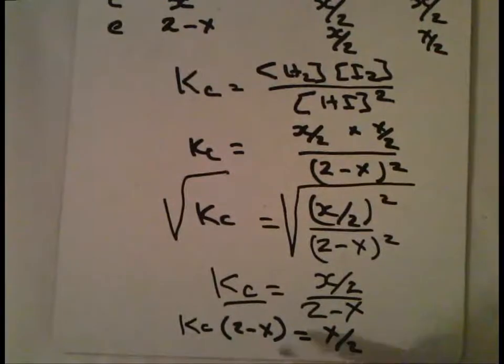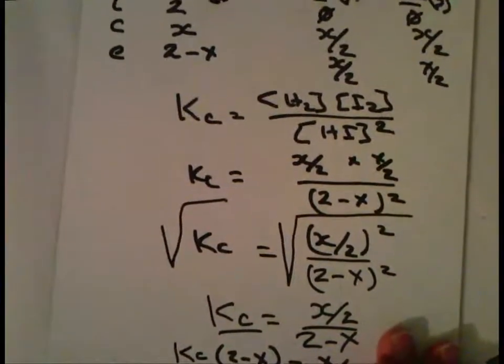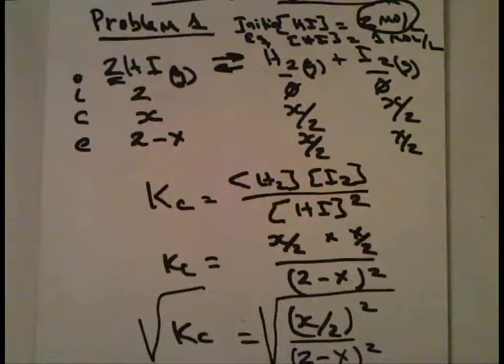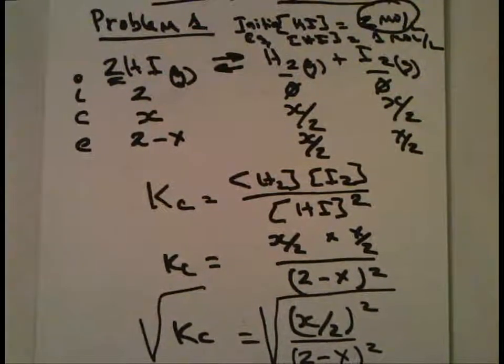We can also group the X together and solve for X. That's the way you will be working with any problem related to chemical equilibrium. Thank you for watching, and this is it for today.